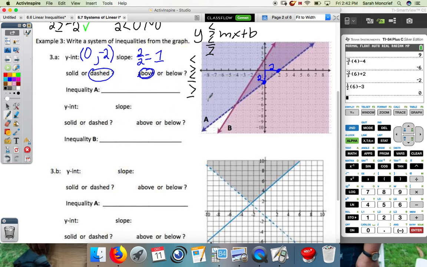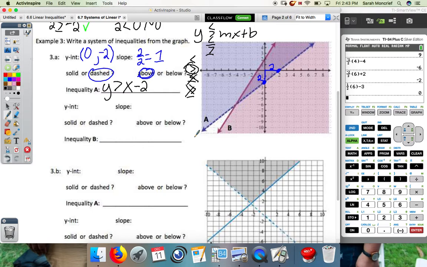So which 2 can we immediately cross out? The equal to's. And now it's shaded above. So is it less than or greater than? It's greater than. So we know we're going to have y is greater than what goes in for your slope, 1, so nothing, x, and then what's your b again? -2. So we have y is greater than x minus 2.